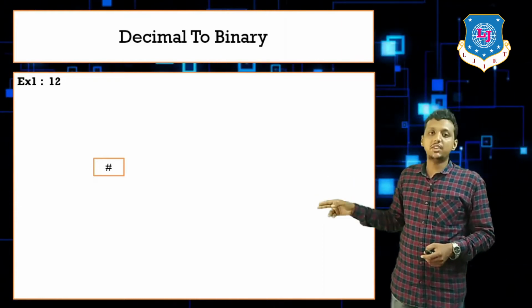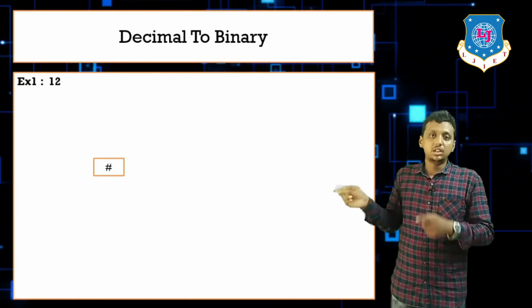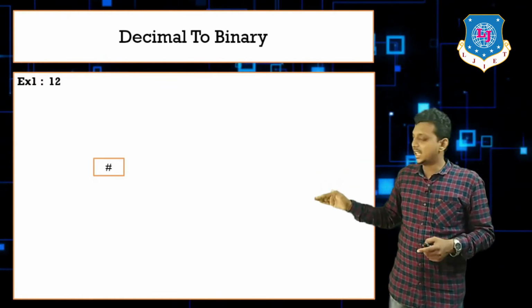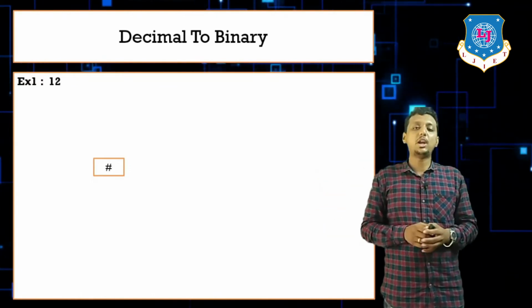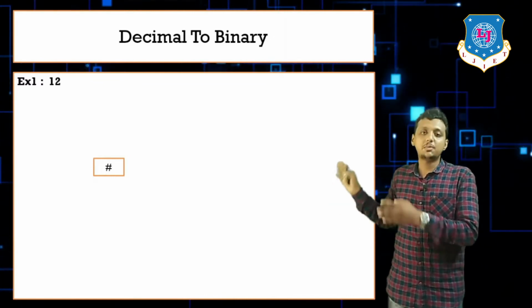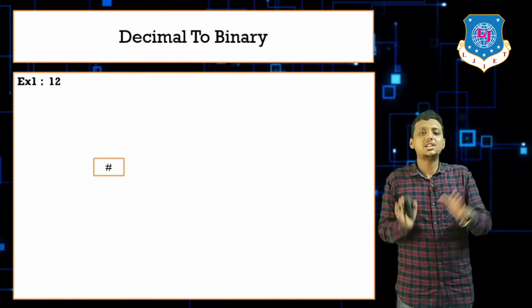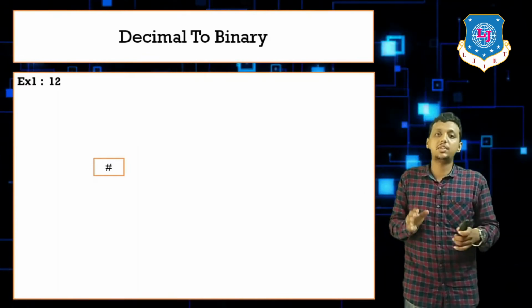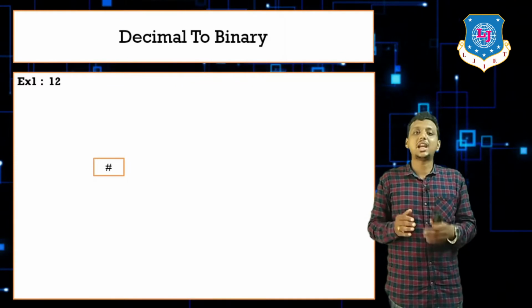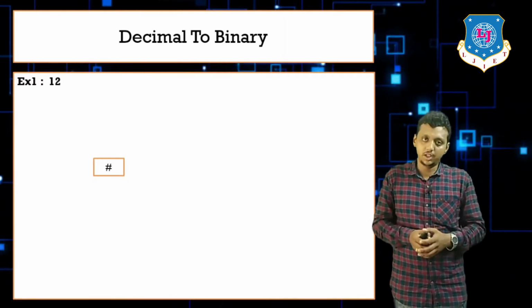Whenever I take out the numbers from the stack and I get hash, I stop my operation. We already did such things in infix to postfix expression, where we used to initialize our stack with hash. I'm going to do the same thing over here.